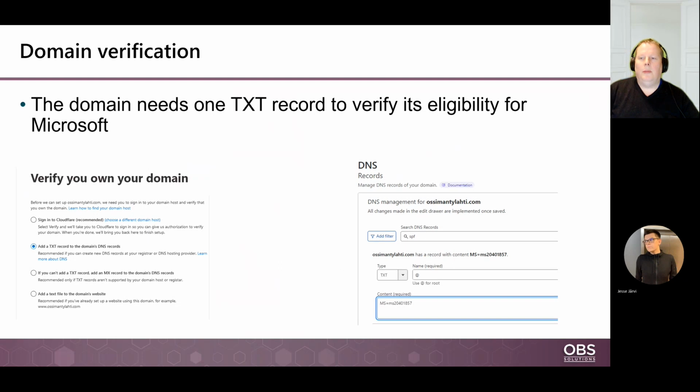And the beautiful thing is that if you are using a system like Cloudflare, Microsoft can actually do this for you. You can just allow this, sign into Cloudflare, give a username and password, and Microsoft will be adding this record for you. Or you can just add it manually, up to you.